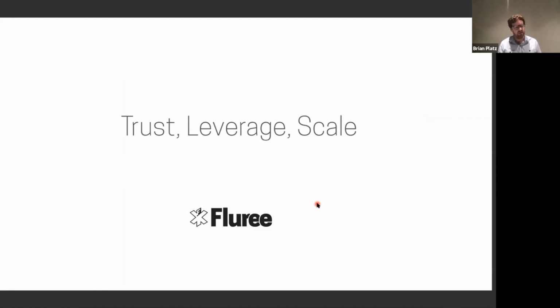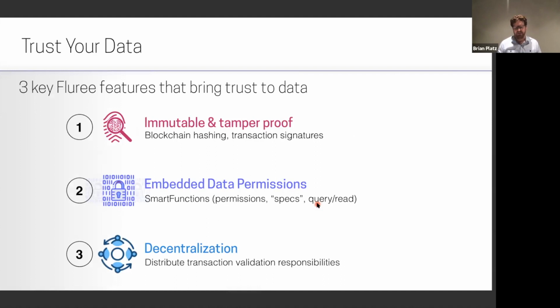But certainly there is nothing out there that brings all this together in a single unified package as Fluree does. I'll keep this along three core themes: trust, leverage, and data scale, and some of the key capabilities that we have in each of those.